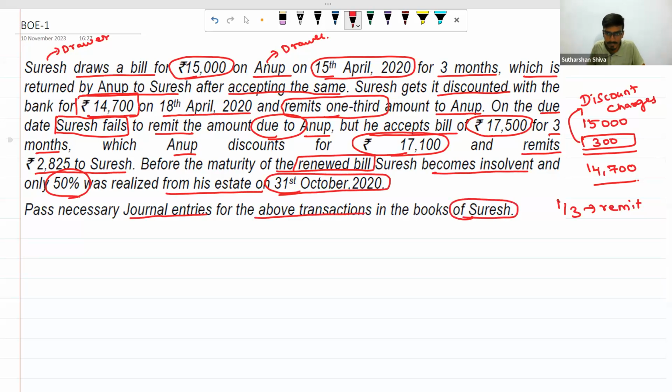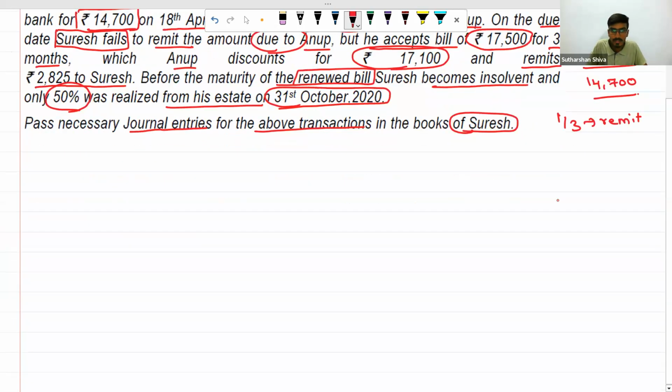They are asking in the books of Suresh. So if they are asking to prepare in Suresh's books, we will also prepare it from the point of view of Suresh's books. Okay. So write the format now. I will always write down: in the books of Suresh.